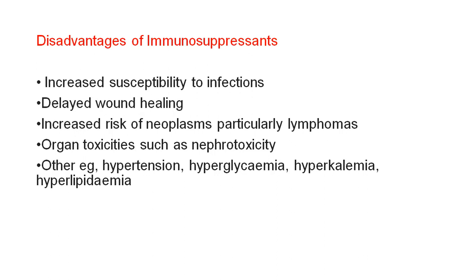Wound healing is very delayed. Then there is increased risk of neoplasms, particularly lymphomas, that is cancers. Organ toxicities such as nephrotoxicity, and others like hypertension, hyperglycemia, hyperkalemia, and hyperlipidemia are all due to the drugs. So these are the disadvantages of immunosuppressant drugs.